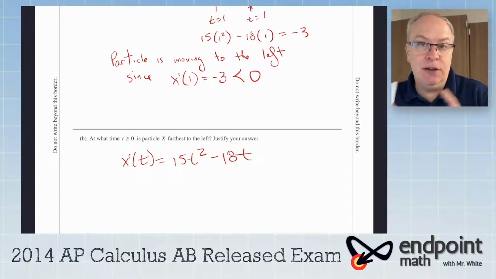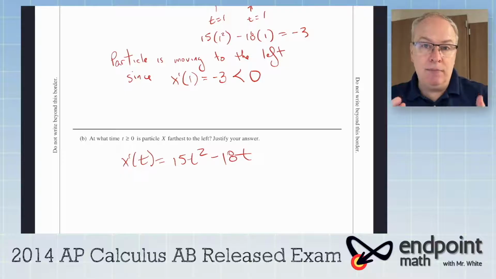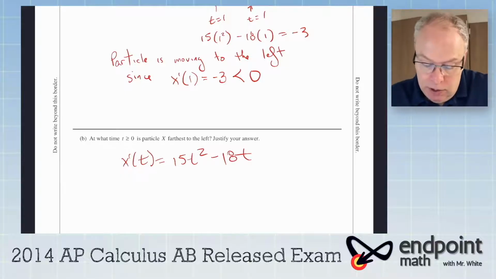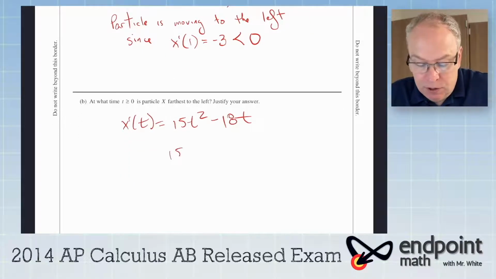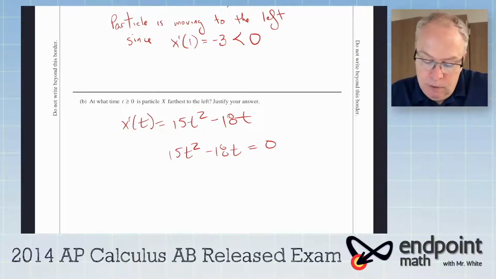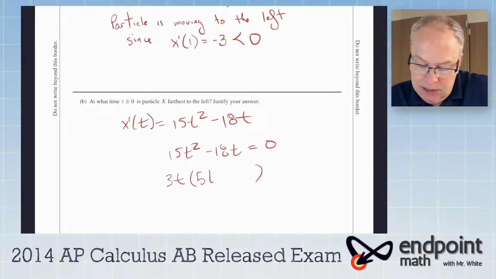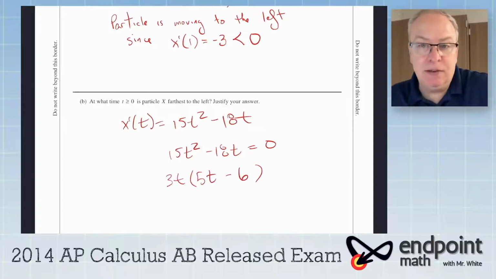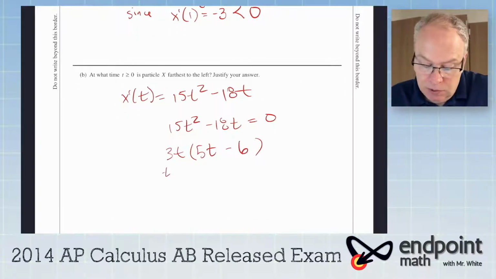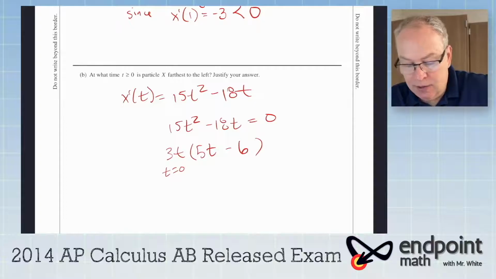When velocity changes sign, the original object must have turned around. So we're going to set this equal to 0. You factor out a 3t, right, and that leaves behind 5t minus 6. So t equals 0 is a critical point, and so is t equals 6/5.